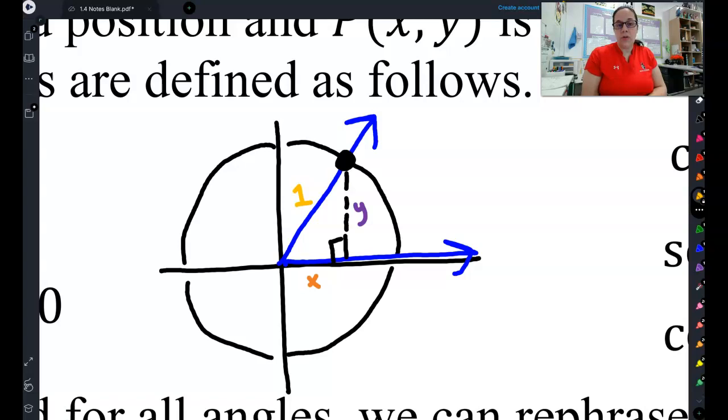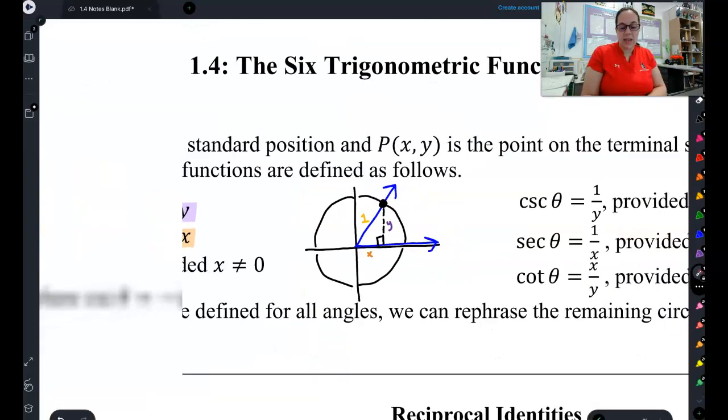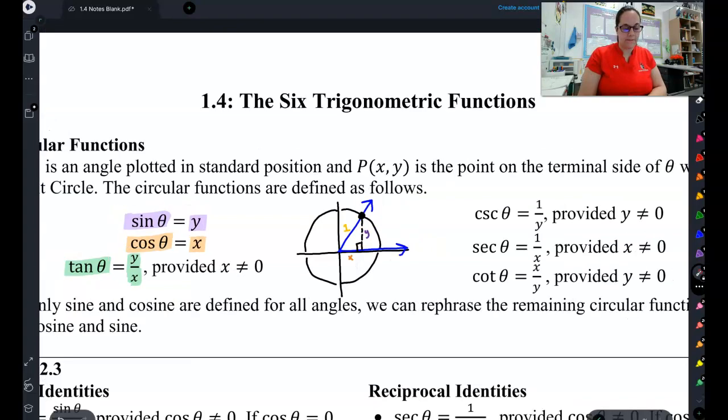Now, if I do SOHCAHTOA on this triangle, that's where I get sine is opposite over hypotenuse, so the sine value is y. CAH is adjacent over hypotenuse, that's where we get cosine is x. And now if we do TOA, opposite over adjacent, that gives us y over x. That's where we get tangent is always y over x.